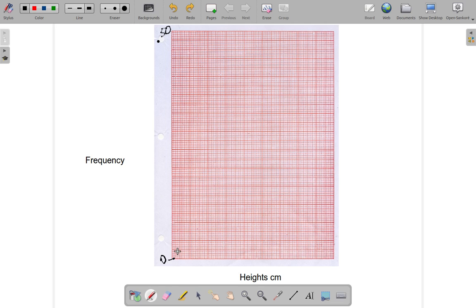Now let's see. If we do this from 1 to 50, 2, 4, 6, 8, 10, 12, 14, 16, 18, 20, 22, 24, 26. What we will be doing is using 1 centimeter as 2 units.